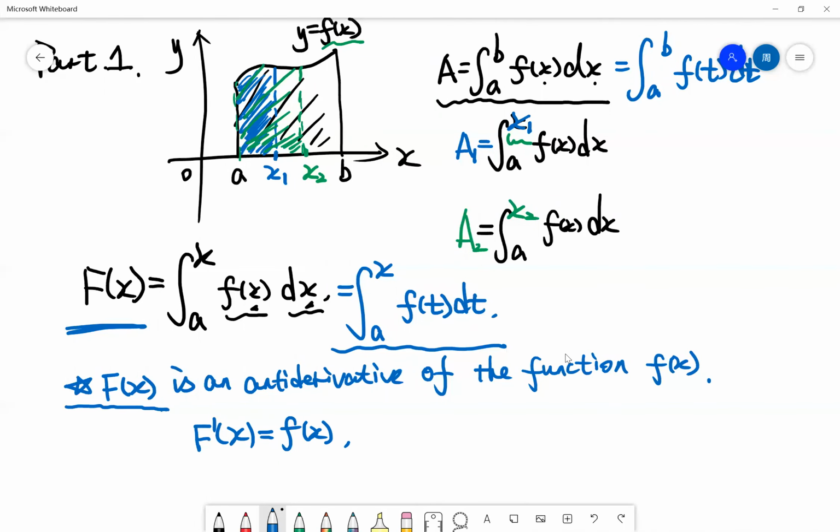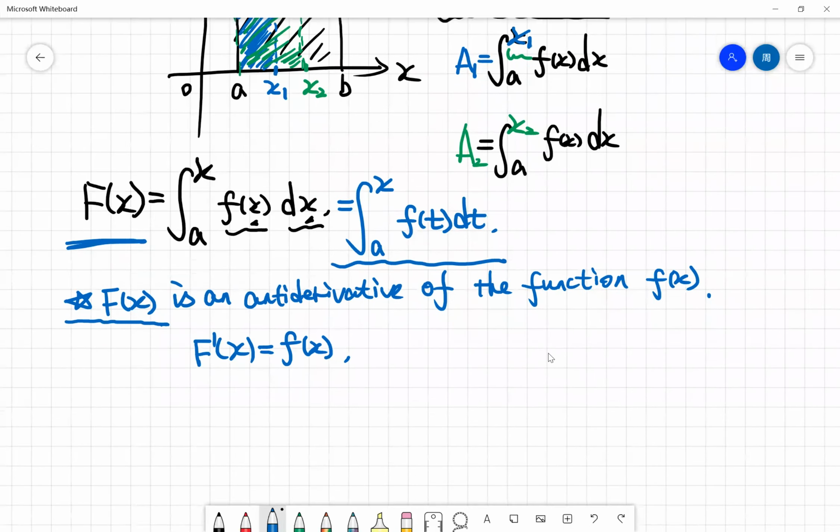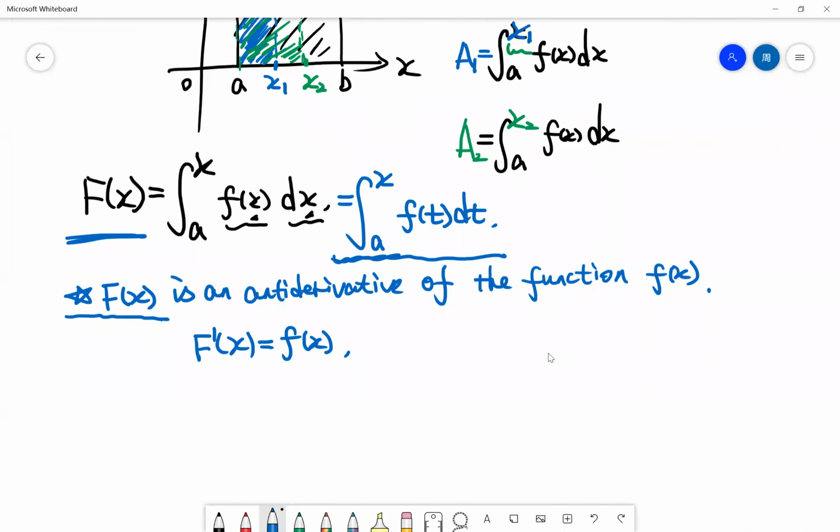And that means if I substitute the expression here, d by dx of the integral from a to x of f of t dt equals f of x.